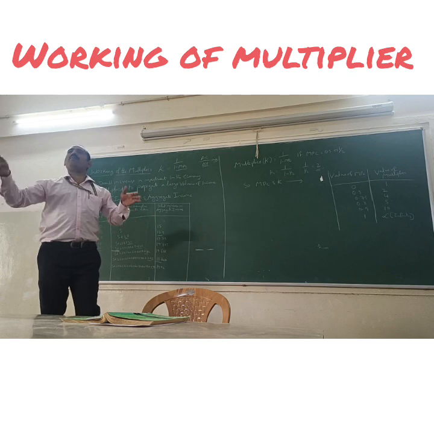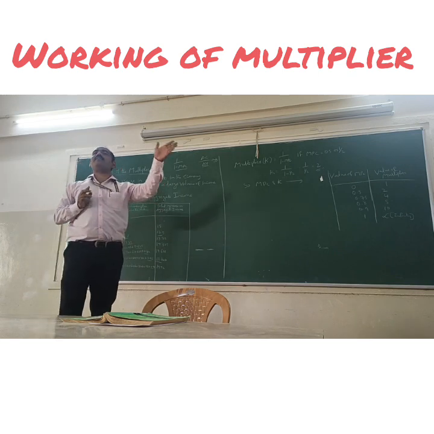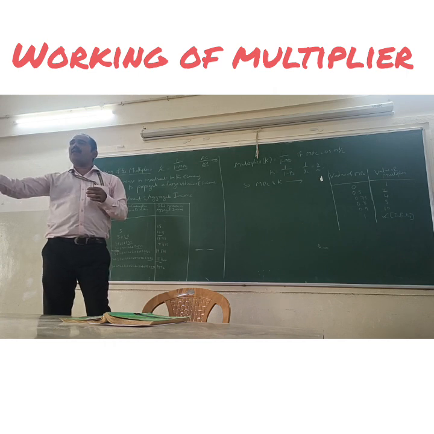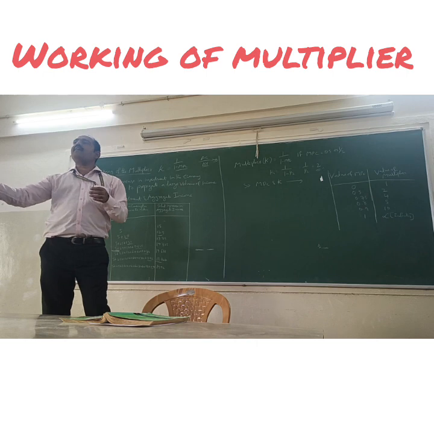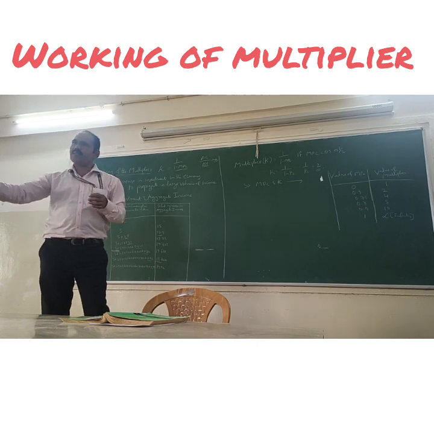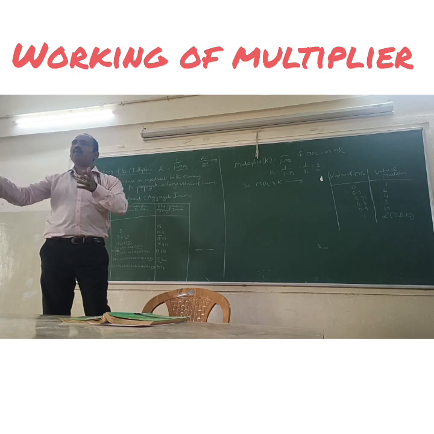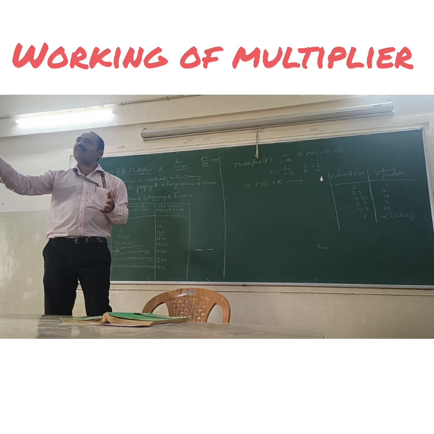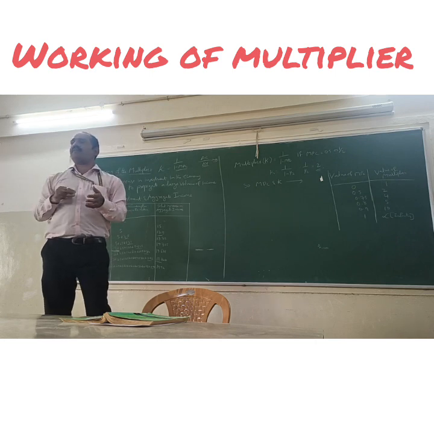So here, for example, assume that if 10 million rupees is invested, it will create demand for labor and for the factory building, and it will also create demand for machinery. Then goods and services will be produced, and in the economy employment is created and demand for goods is also created.